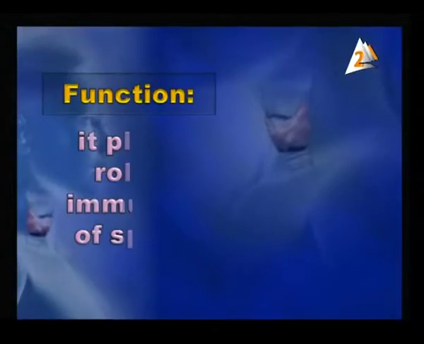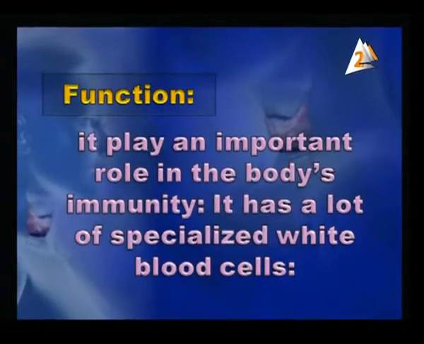It is very important in the immune system because it plays an important role in the body's immunity, and that's because it has a lot of specialized white blood cells, such as macrophages and lymphocytes.